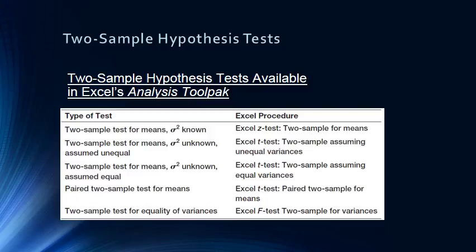The two-sample test for means where the standard deviation is unknown, assumed equal; the paired two-sample test for means, the Excel t-test paired two sample for means; and the two-sample test for equality of variance, the Excel F-test two-sample for variances. These are the tests available in Excel's Analysis ToolPak.